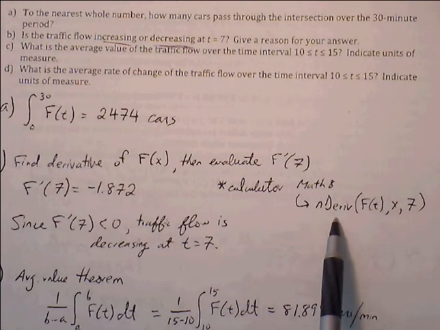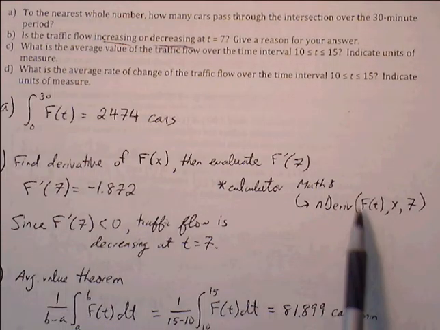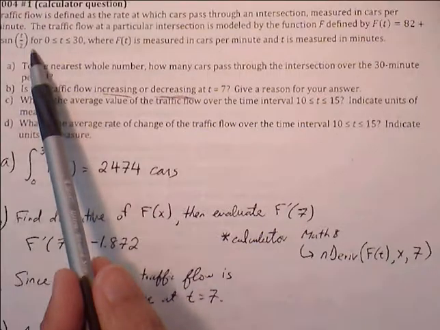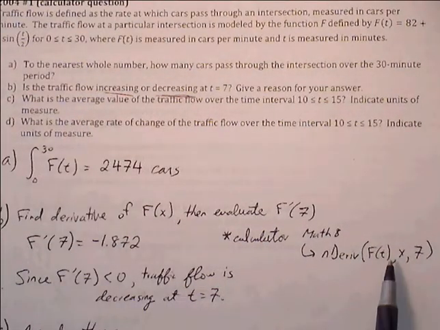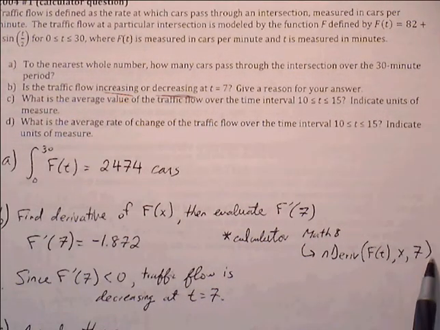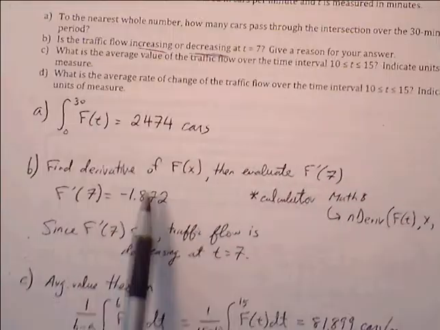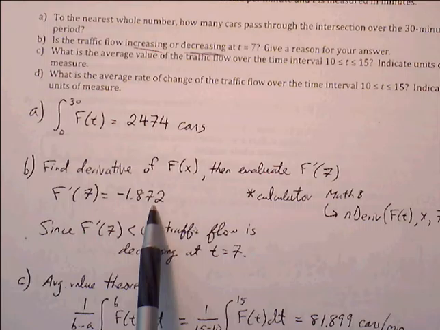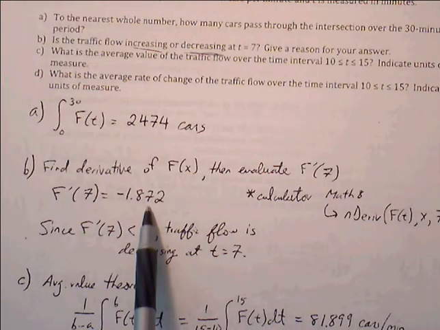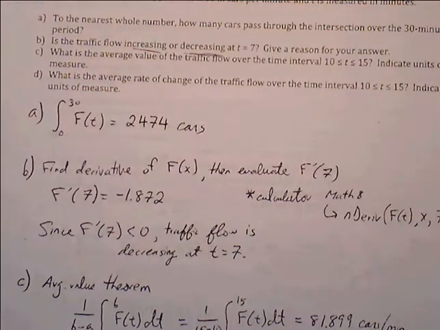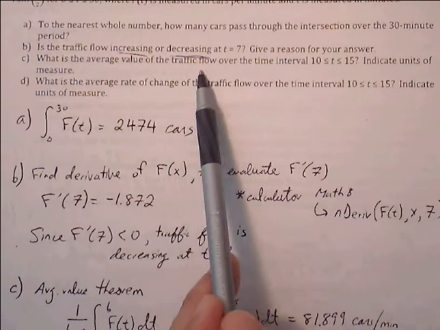Under Math 8, you can do the derivative and plug in the traffic flow equation given here, then comma x comma 7. This will plug 7 into the derivative of f of t, and we get negative 1.872. Since this value is negative, traffic flow is decreasing at t equals 7.